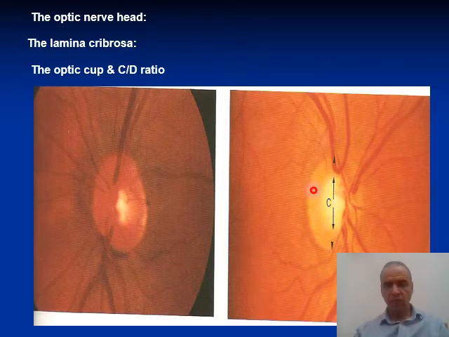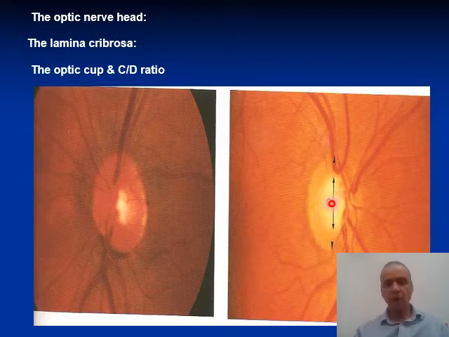The normal color of the optic disc is usually plethoric red, while this area looks pale, and by stereoscopic view we can see a depressed area in the center of the optic disc. This is present in all people, but the normal ratio of cup to disc is usually less than 30% in a normal person. Maybe 30, maybe 20, maybe 10%, or sometimes there is no cup.